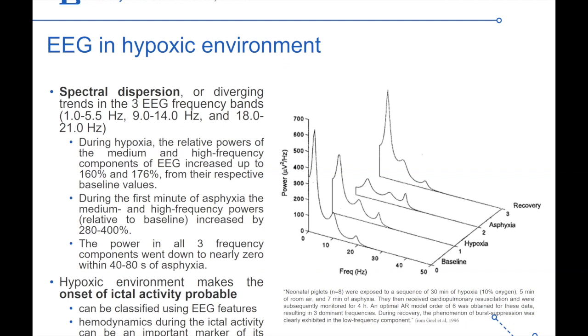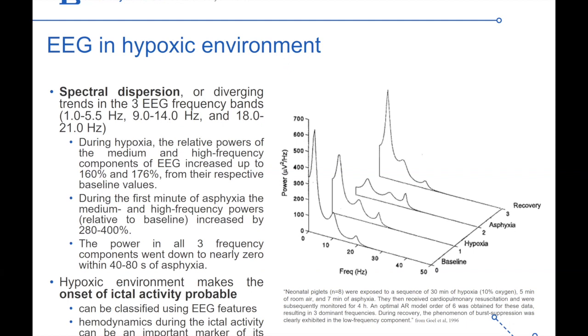And then in the asphyxia state, the medium and high frequency powers increase even further to 280 and 400%. So this distribution of power across frequency seems to be a feature that we can use to identify this transition from hypoxia to asphyxia.